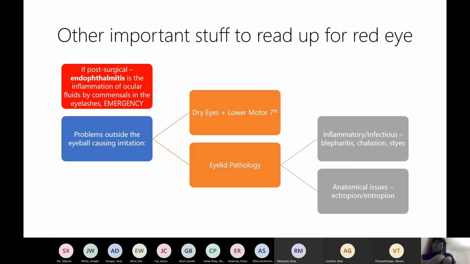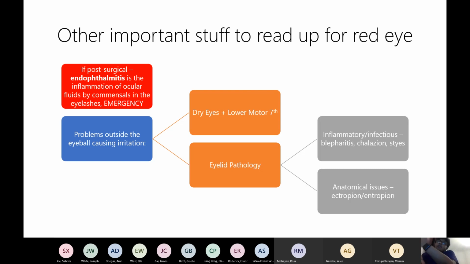So ectropion, ect, everted, so the eyelid is facing outwards. So you're getting incomplete coverage of the eyeball. Entropion is where you've got the outside of the eyelid touching and brushing against the eyeball, which again causes irritation.